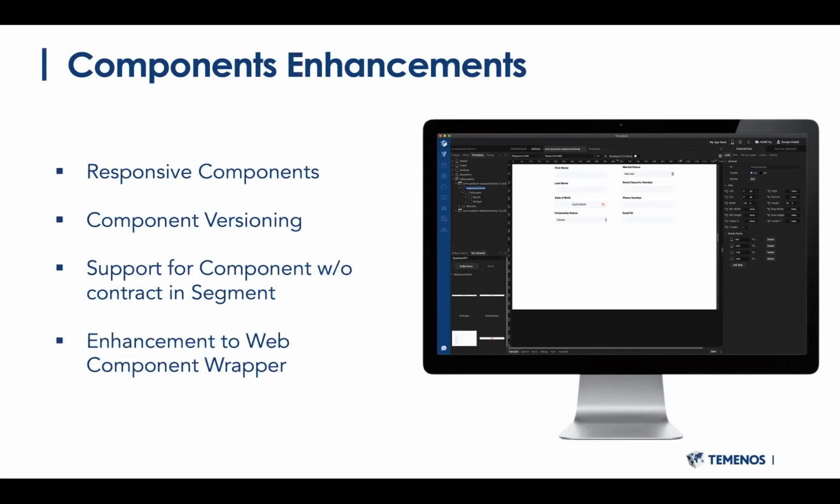And the last couple of features are adding the support for component tracking and dropping a component without a contract in a segment widget. And then finally, we have also made some enhancements to the web component wrapper, where you now have the capability to see the reflection of the properties from the web library onto the canvas.